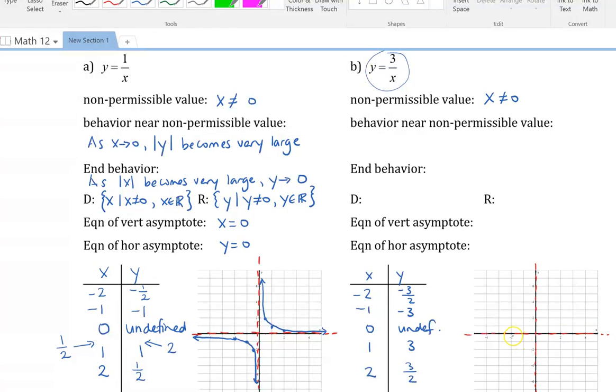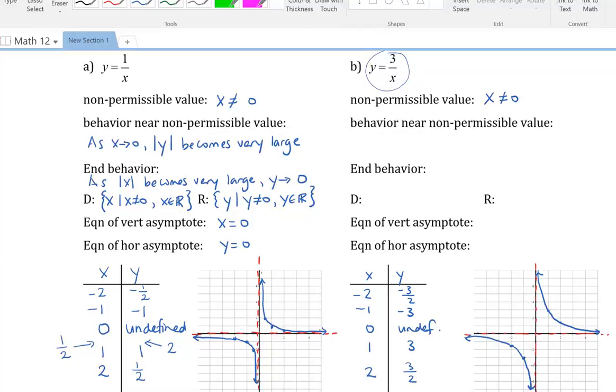Again, we're going to start with my asymptotes on the y-axis and the x-axis. Plotting my 4 points, I get negative 2, negative 1.5, negative 1 and negative 3, 1, 3, and 2 and 1.5. So I'm going to connect these 2 points on this side, and I'm going to connect these 2 points on the left side.